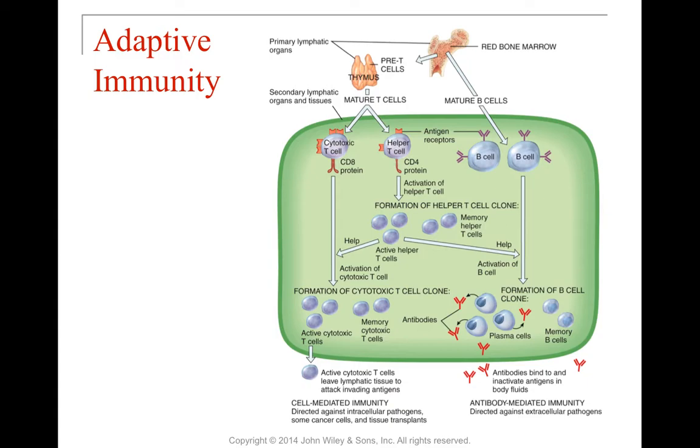All right, so again, the T cells come from the thymus and the B cells come from the bone marrow, and they're both going to have precursor cells that are going to become mature cells. So the precursor cells are going to be the pre-T cells that become the T cells if we're talking the thymus. And the mature B cells are going to come from the red bone marrow. Both of these cells can enter into circulation. This is why we find them in the spleen, right?